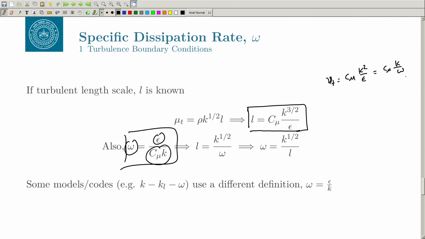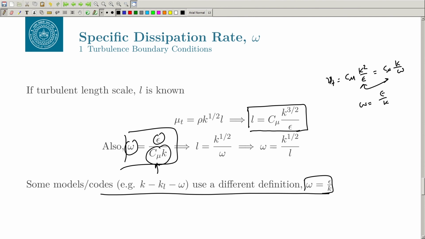Okay. It depends whether you want to use c mu here or not. So, from there you can compare these two, and this will become omega equal to epsilon by k. If you do not have c mu, because some of the models use omega equal to epsilon by k, some of the models use omega equal to epsilon by c mu k, right. So, again you have to see which code you are using.